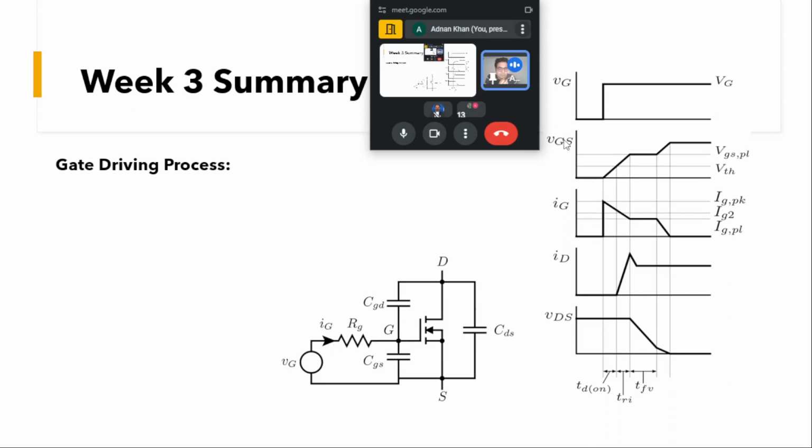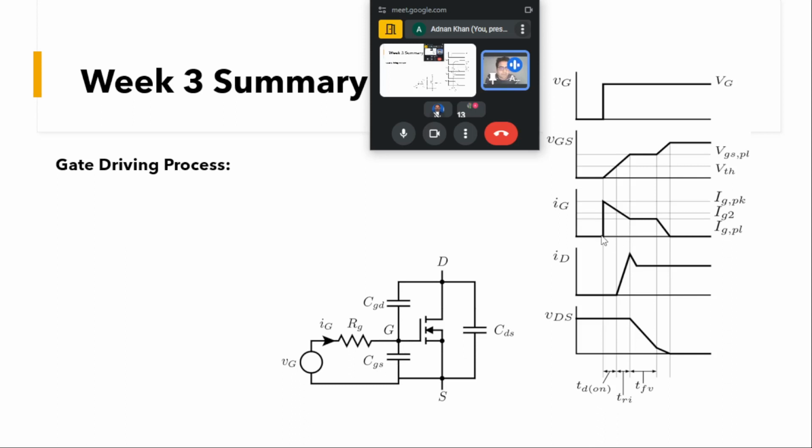So our VGS will start to rise, and as we had seen, it will first reach the threshold. After the threshold, it will reach the Miller plateau. Initially, if you see here, we had VGS of 0 before turning on this device. Now we applied a VG of, let us say, 15 volts. So this whole VG will initially get applied across this RG, because the voltage across this GS is 0 initially.